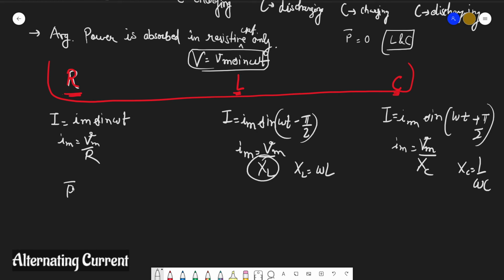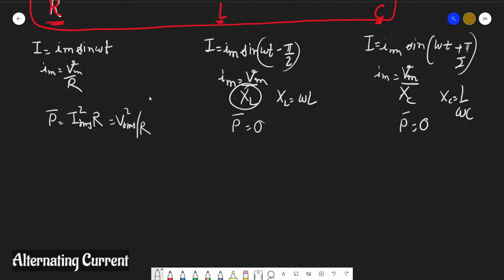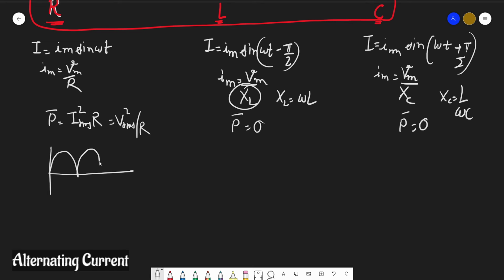The average power here was not 0, and you can write this as Vrms square by R. Here average power is 0, and here average power is 0. It is easier if you know these graphs. The power graph in the case of the resistor was like this. The average power is not 0 here; there is some average power.